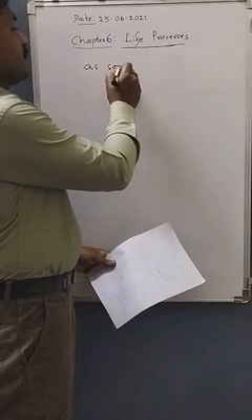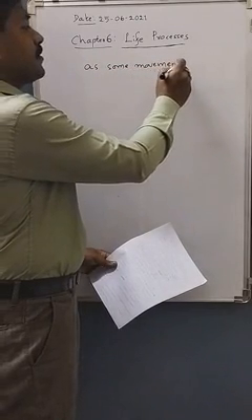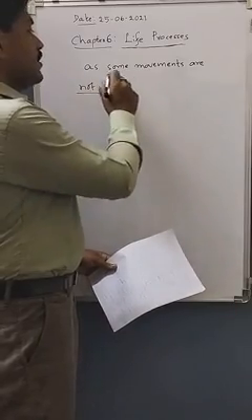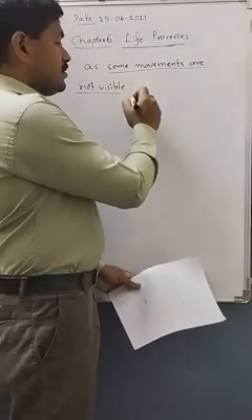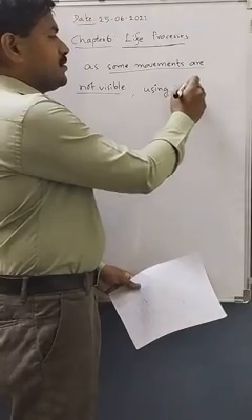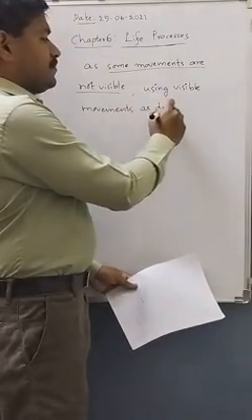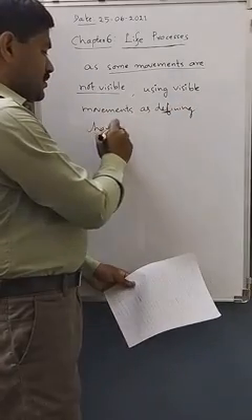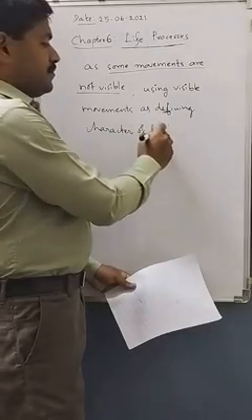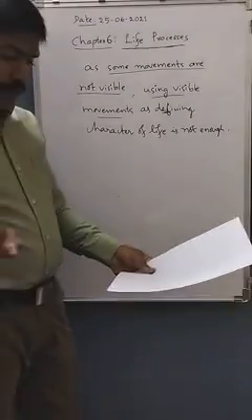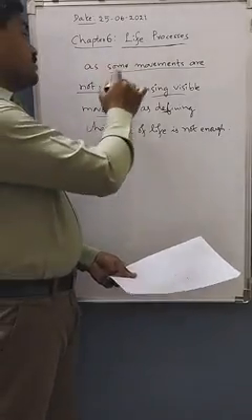Using visible movements alone as defining character of life is not enough, because some movements are not visible. What are those movements which are not visible?